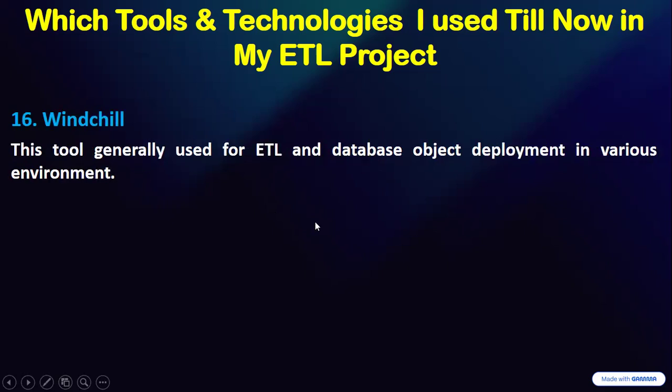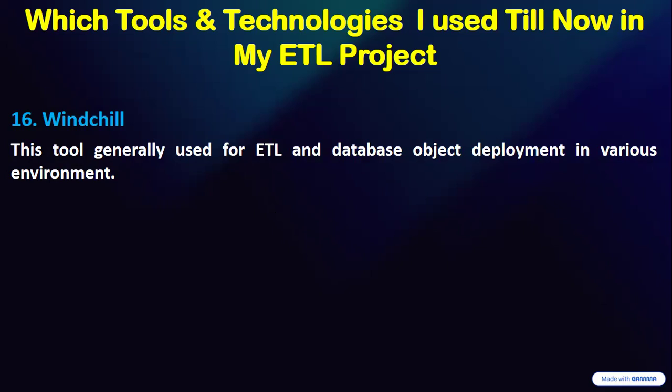Okay. Then the next important tool is Windchill. I have used this also in my previous project. This is generally used for code deployment purposes. Okay. So in the case of ETL projects, you have to work in different environments.